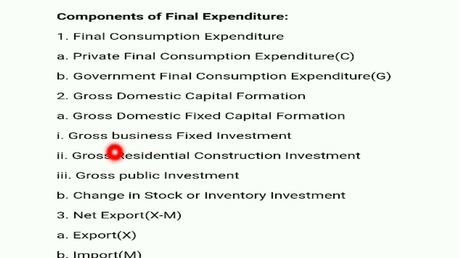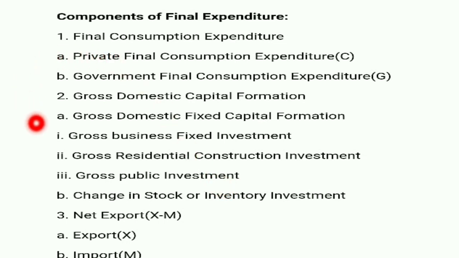So it includes gross business fixed investment, that is the fixed investment of producing sector. Then second is gross residential construction investment, which includes the fixed investment of household sector. And the third component is gross public investment, which includes the investment of government sector.